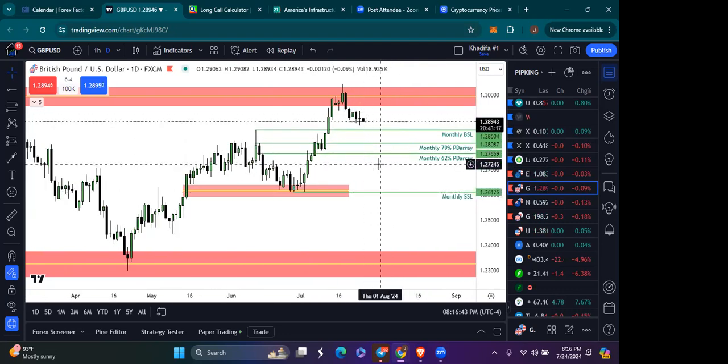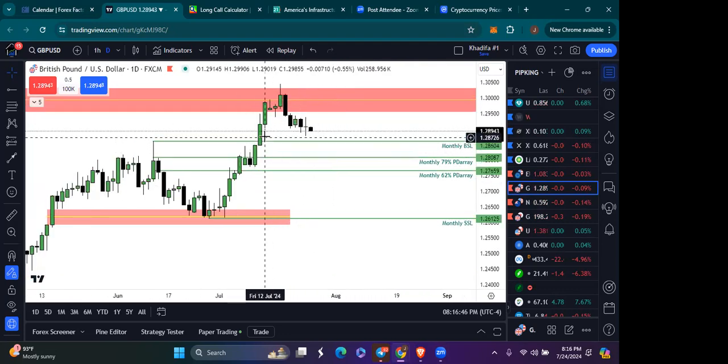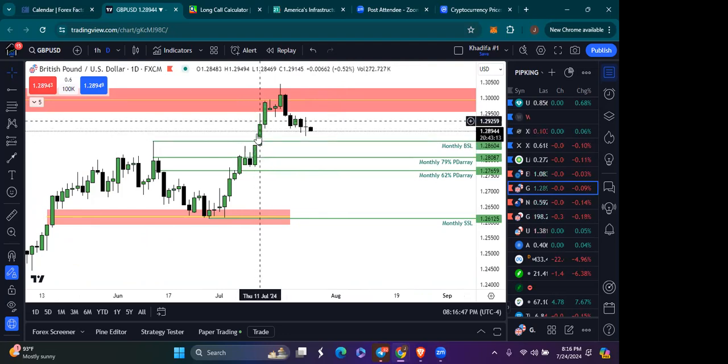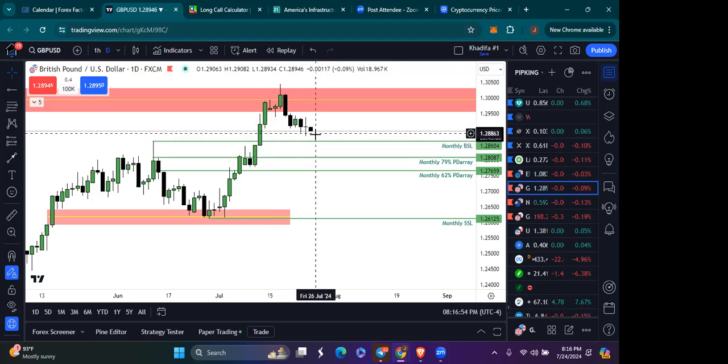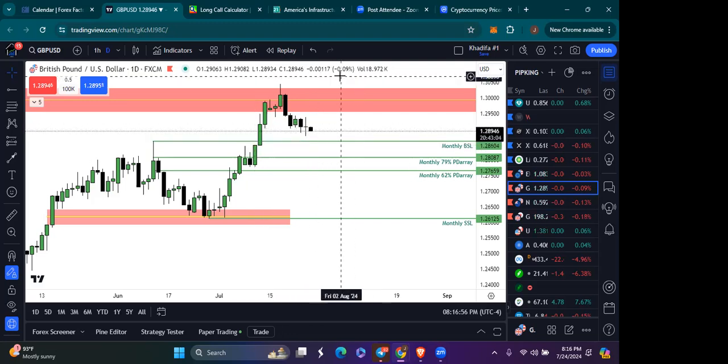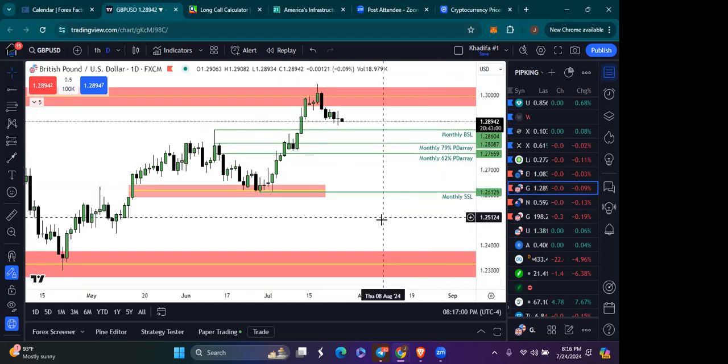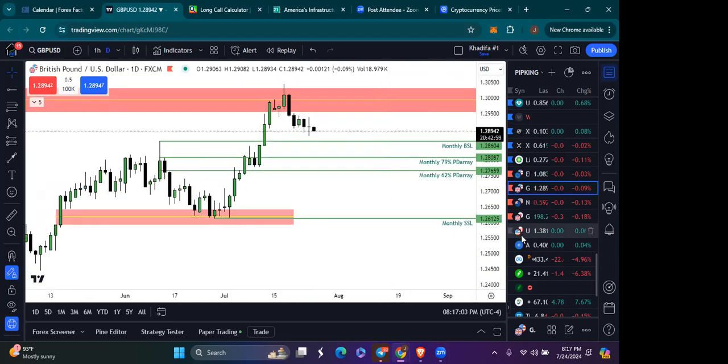So we haven't made it to those levels yet, right? But we are inside of this daily fair value gap, so price could respect the level that it's currently at and continue higher from its current level. We just have to pay attention to the market throughout the rest of Asia and going into London.